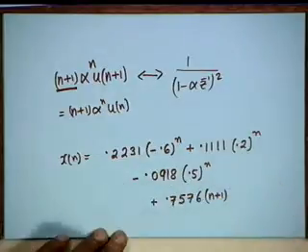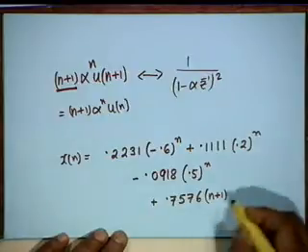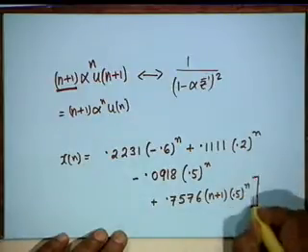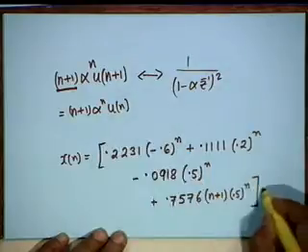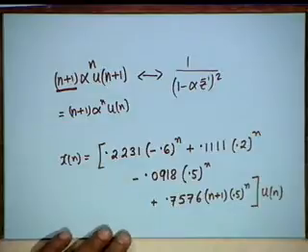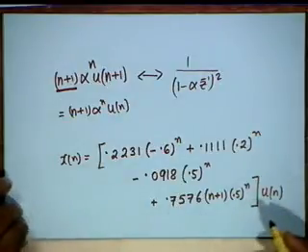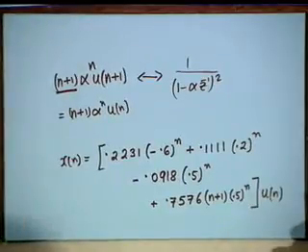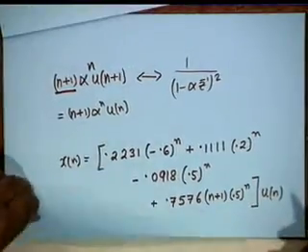This is that multiple pole term, n plus 1, 0.5 to the n, and the whole thing is multiplied by u of n. This is the simplest possible form. Okay? Right.